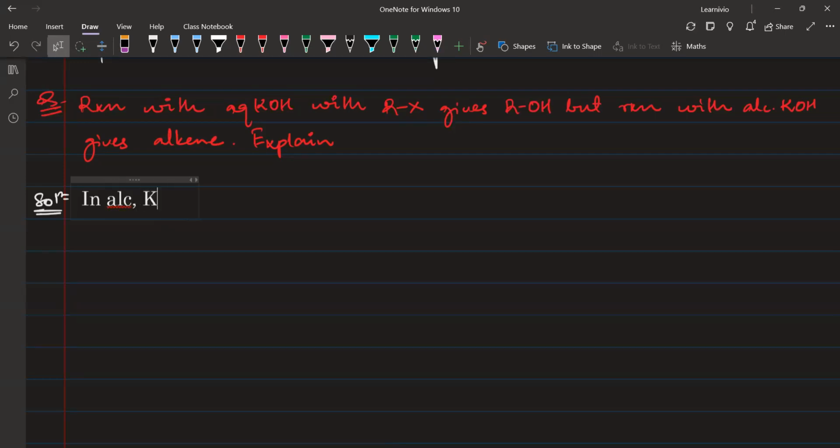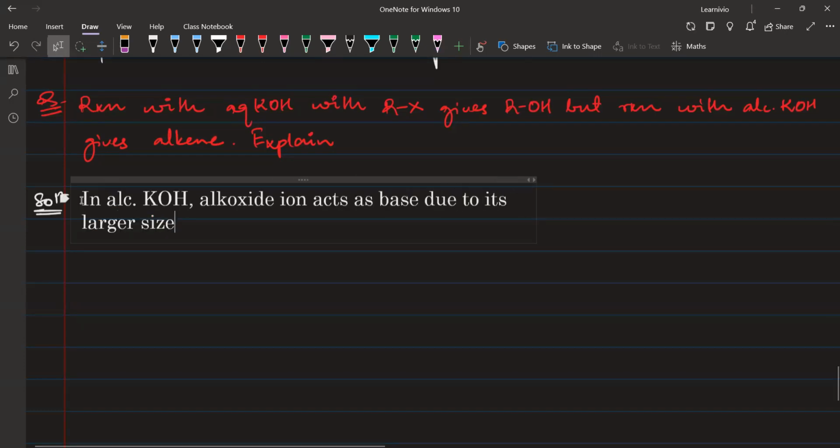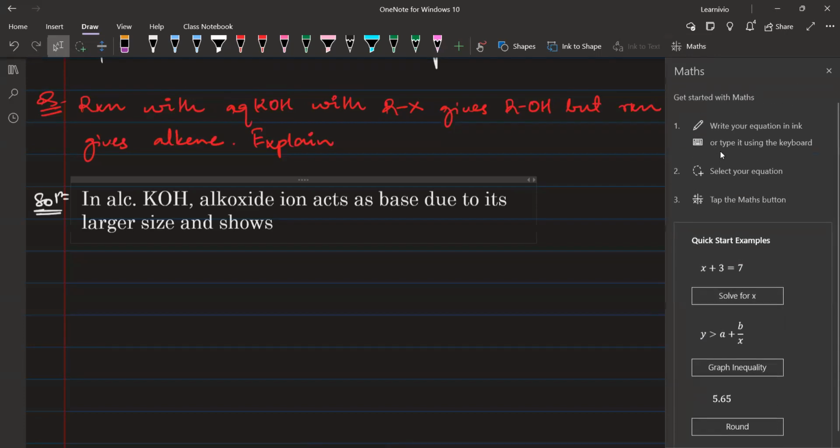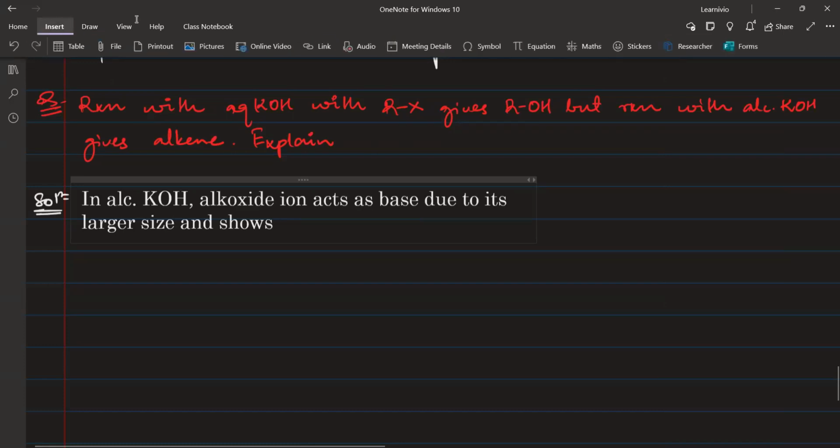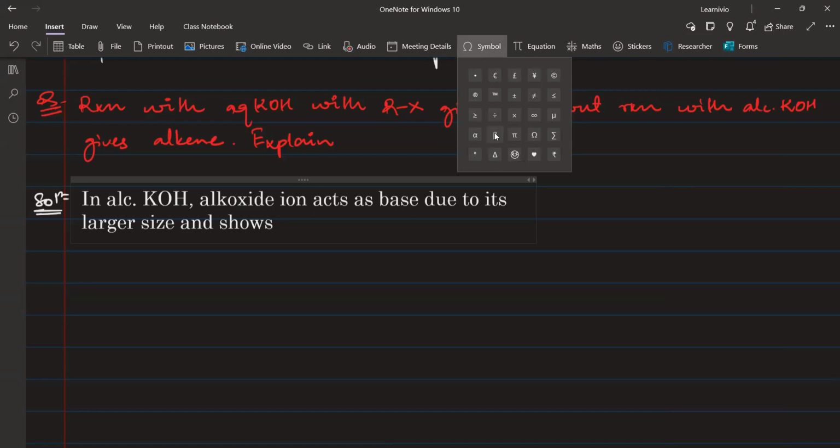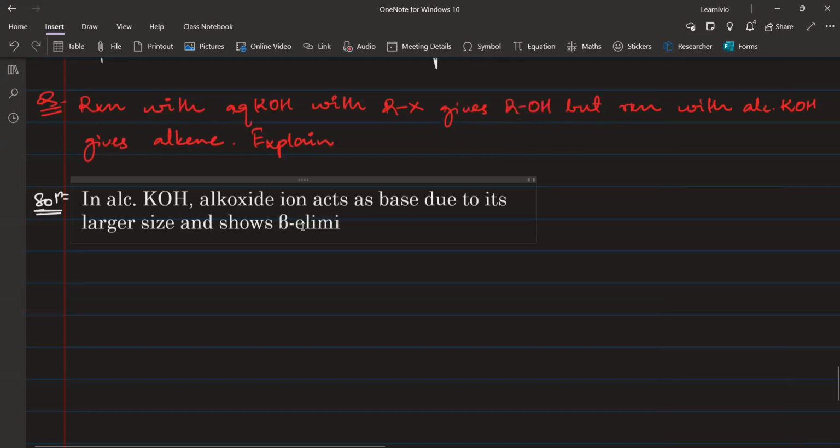In alcoholic KOH, alkoxide ion acts as base due to its larger size and shows beta elimination forming alkene. ठीक है, forming alkene.